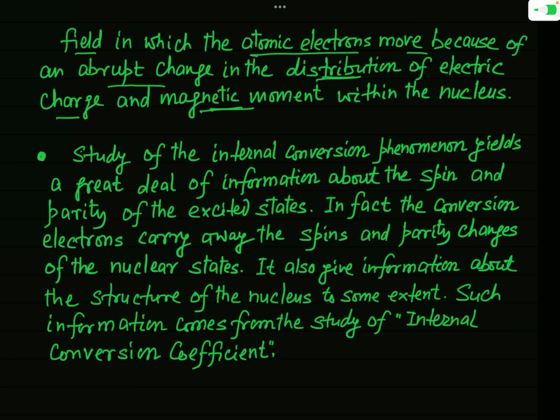Okay. Now, what information will you get after this internal conversion? When the internal conversion phenomenon takes place, what information do we get from this important phenomenon? Let us see it here. In fact, this internal conversion phenomenon gives information regarding the spin and parity of the excited states. You can gather the information of the spin and parity of the excited state from this phenomenon.